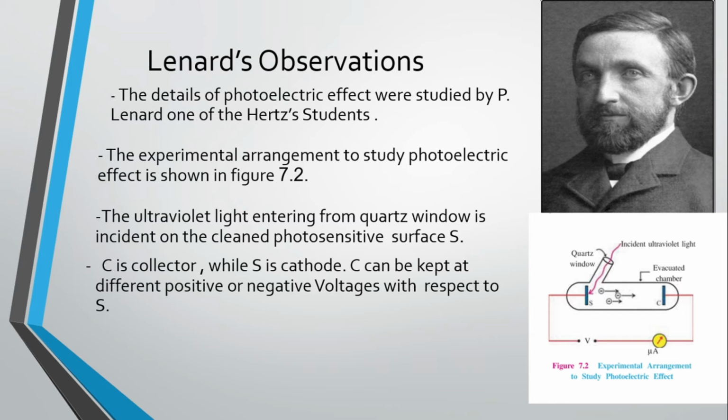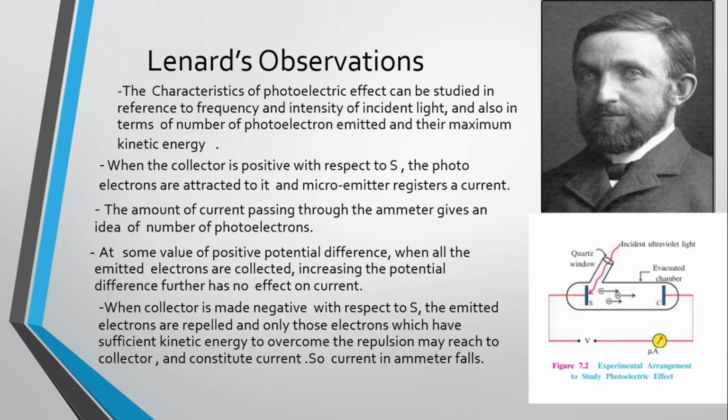C can be kept at different positive or negative voltages with respect to S. By this, we can understand the characteristics of the photoelectric effect in reference to frequency and intensity of incident light, and also in terms of the number of photoelectrons emitted and their maximum kinetic energy.